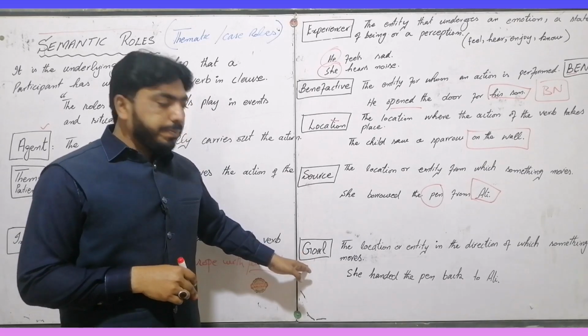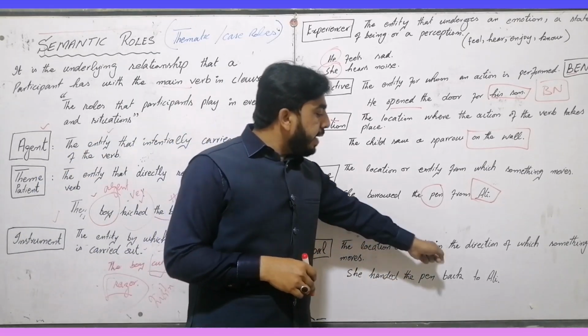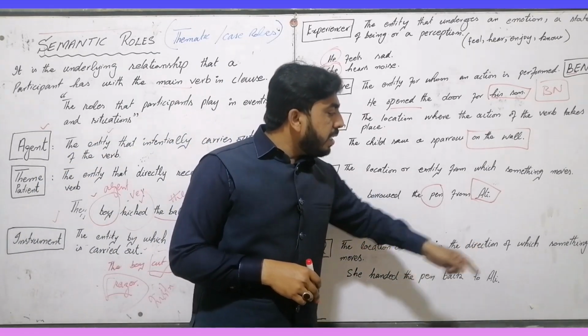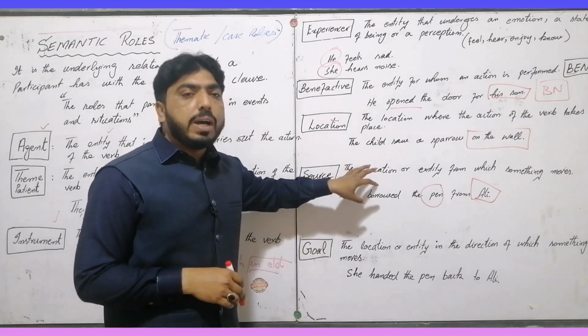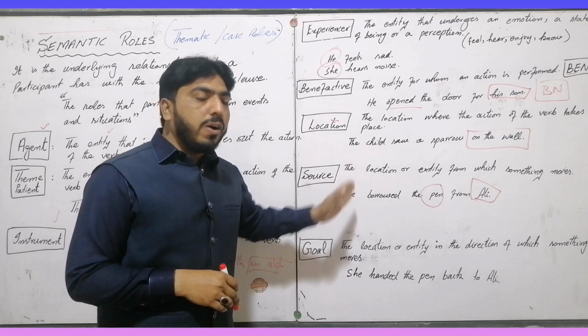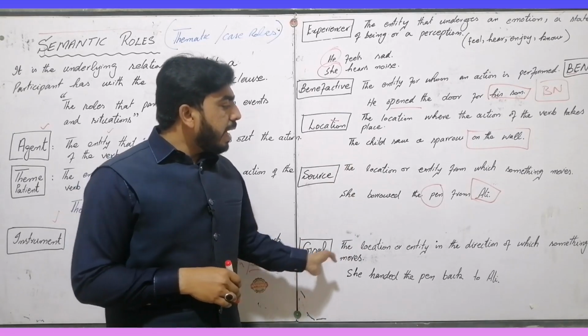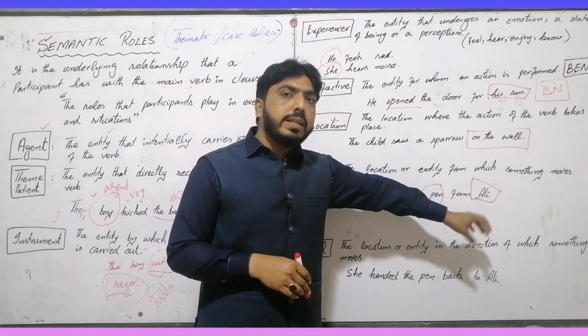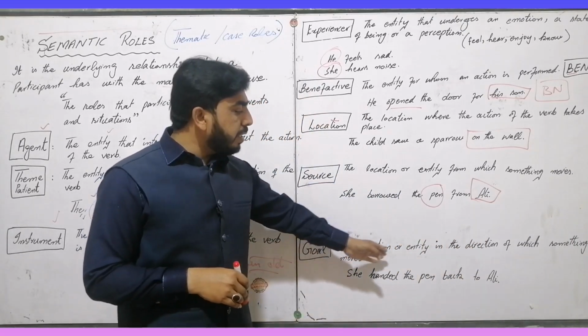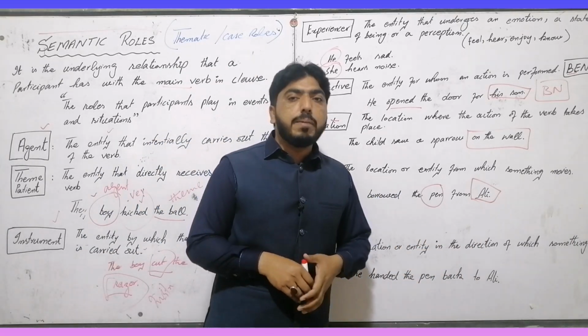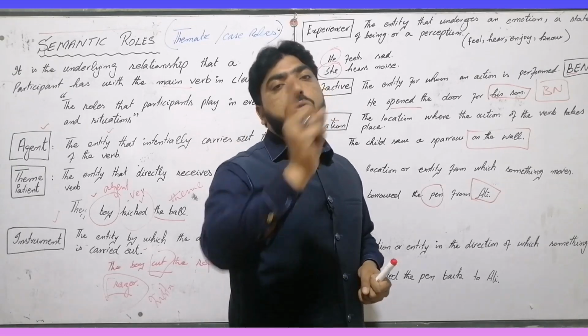And goal, the location or entity in the direction of which something moves. Source is the origin of the action, and this is the final destiny, right, where the action moves. For example, he moved from Lahore to Islamabad.